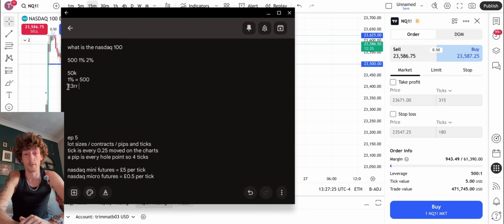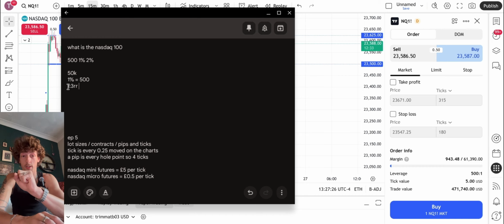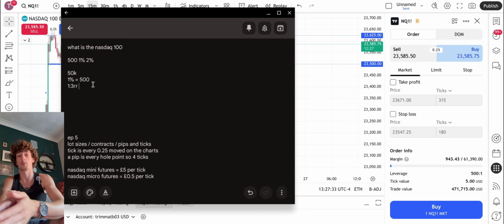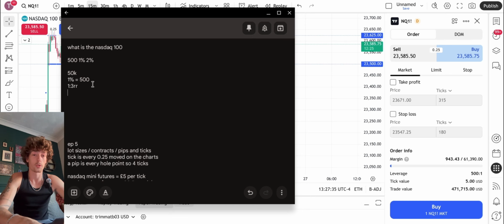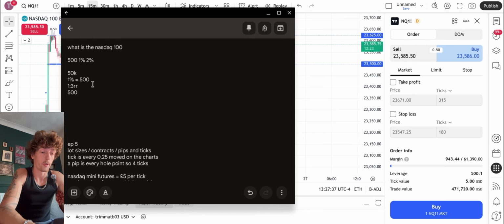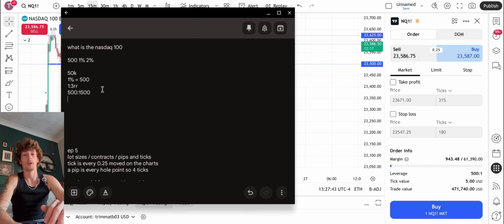That basically means for every 1 you risk, you make 3 back. So for every 500 we risk, we make 3 times that back, so we make £1,500. So all that means is 500 risked in order to make 1,500.